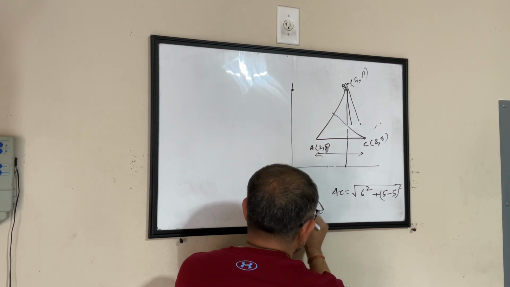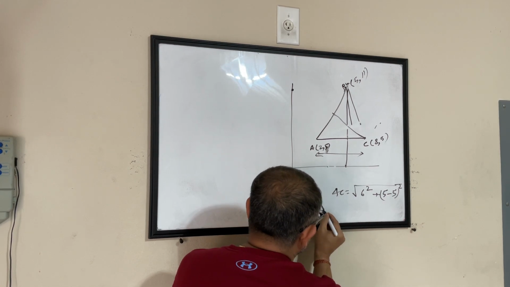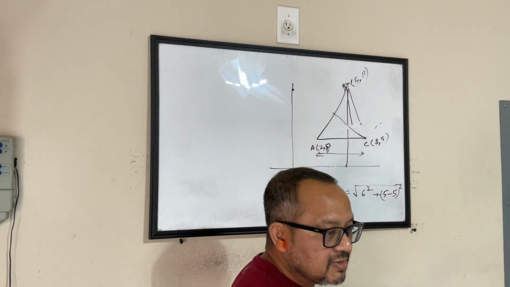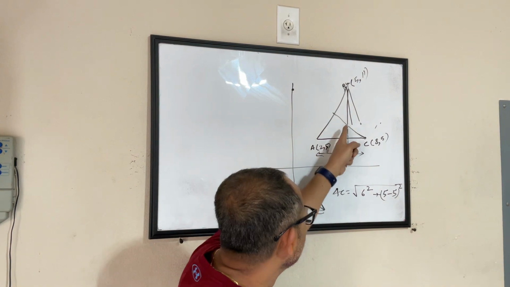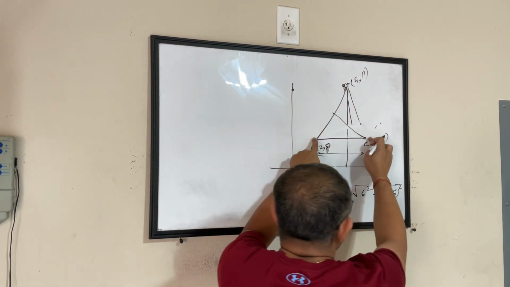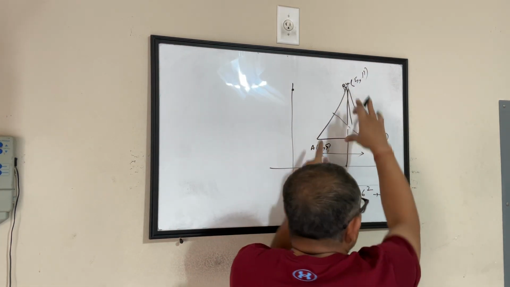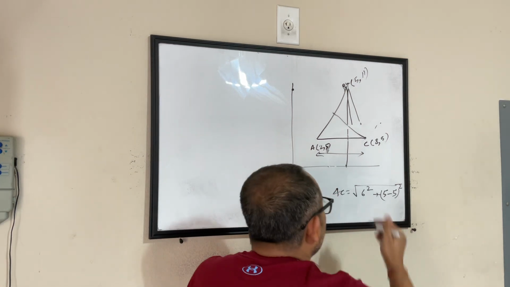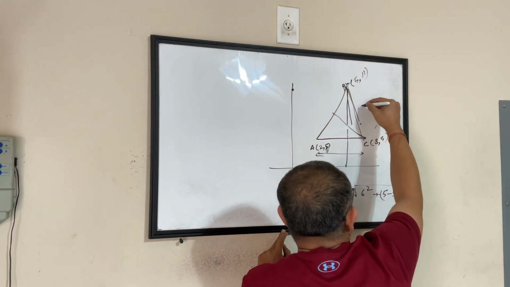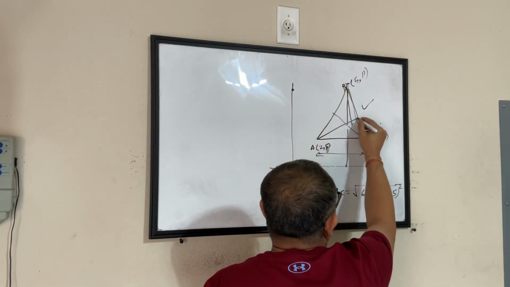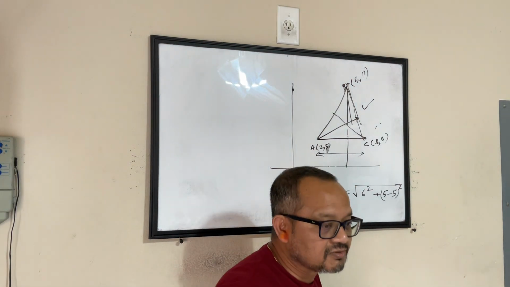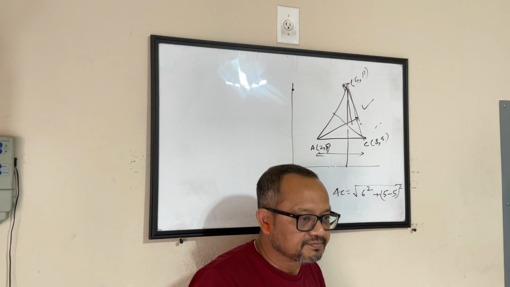If I'm taking this as a base, then I have to drop a perpendicular from here to here and then find out this height. So, depending on which base you are choosing, you have to determine the height. And given this situation, since we were taking this as a base, we had to find out this height, and that was easy to determine. If we would have picked this as a base, finding out this length is no big deal. But then how do you determine this particular distance? That's the question.